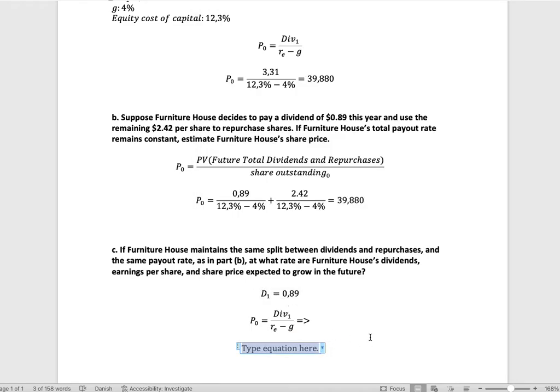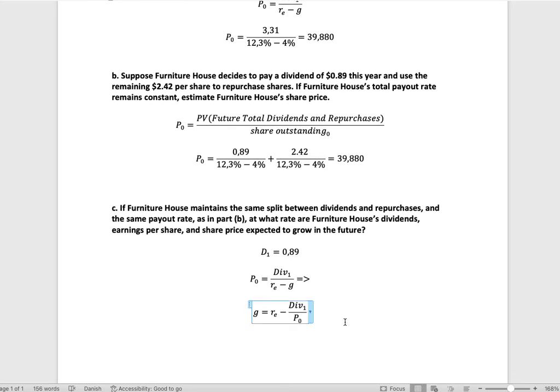So you get that the equity cost of capital, minus the dividend, will get you the growth rate, the expected growth rate.